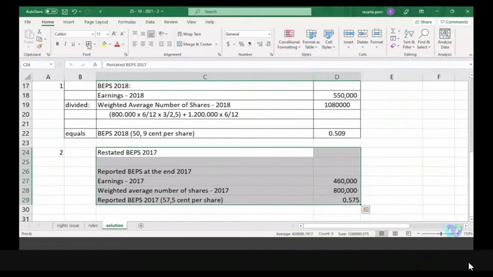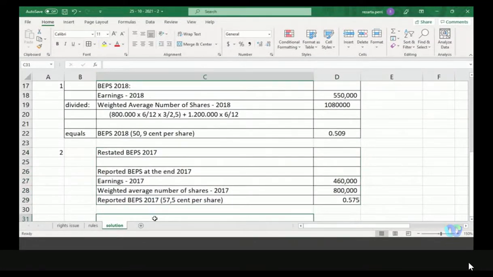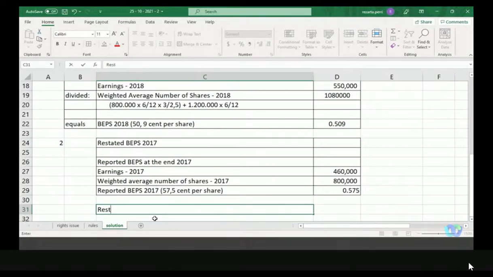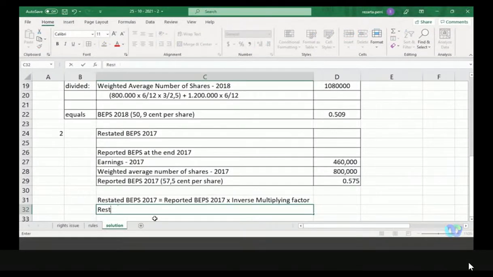Okay, so let's have that restated. The restated basic earning per share for 2017 will be equal to the previously reported basic earning per share of 2017 multiplied by the inverse multiplying factor. That is, restated basic earning per share for 2017 will be equal to 57.5 multiplied by 2.523.